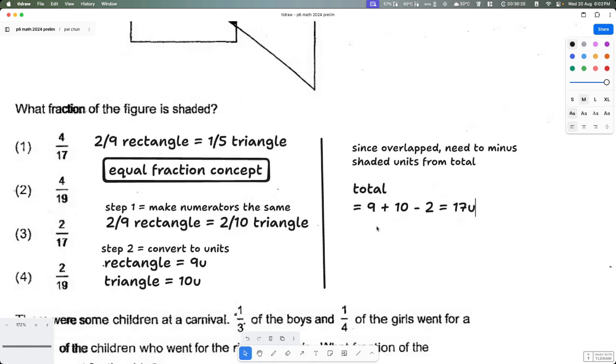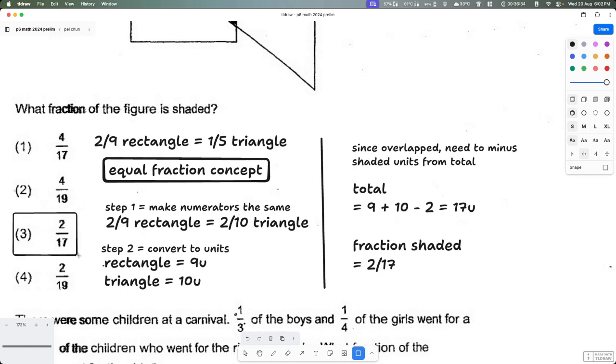What's the fraction shaded? The fraction shaded is 2 out of 17. So the answer is option number 3. Okay, that's it.